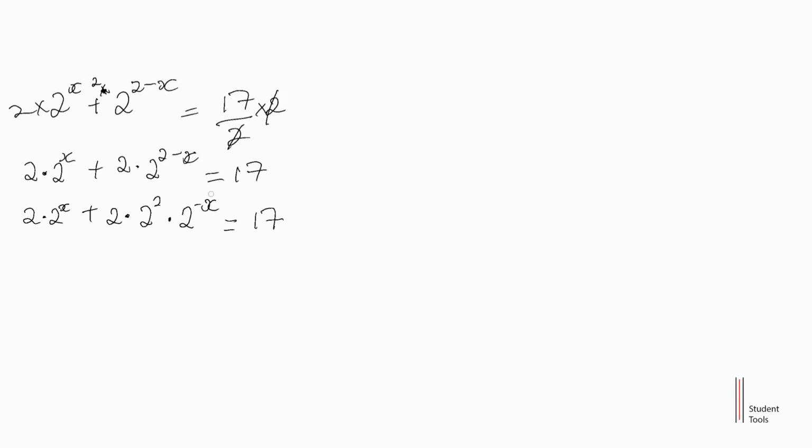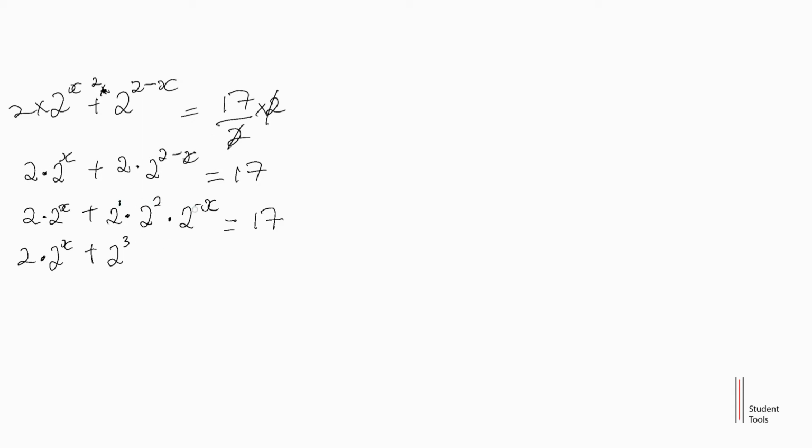So let us change this to a fraction and then change this to 2 to the power positive 3. So here we have 2 multiplied by 2 to the power x plus 2 to the power 1, because this is 2 to the power 1, multiplied by 2 to the power 2, that is the same as 2 to the power 3, because we add the indices.